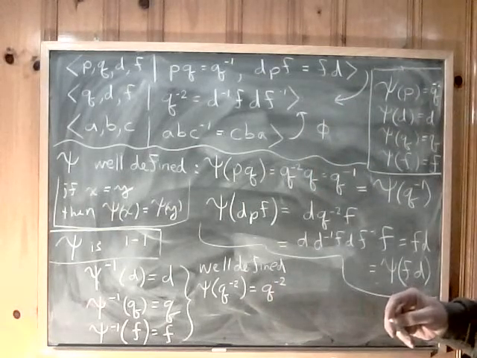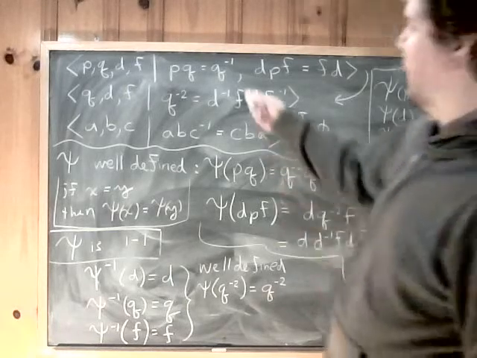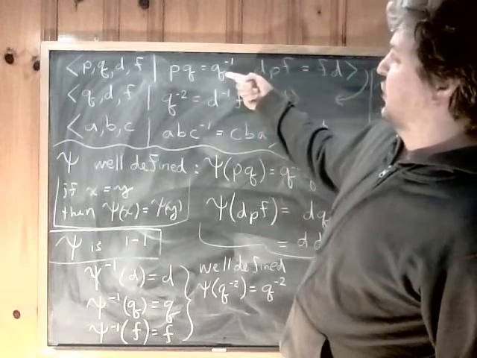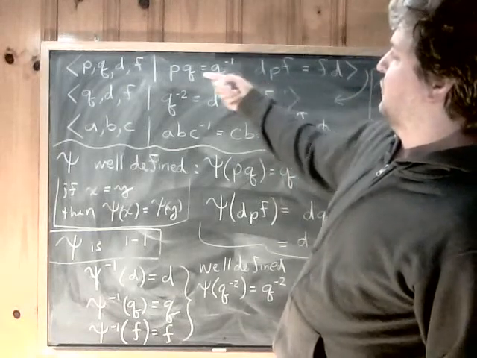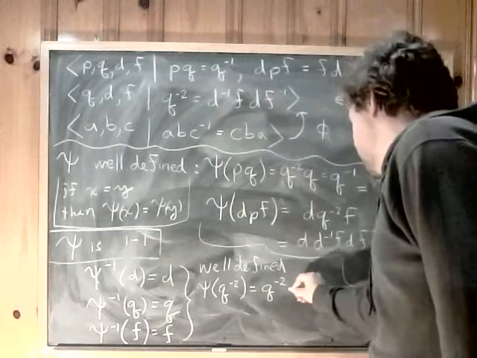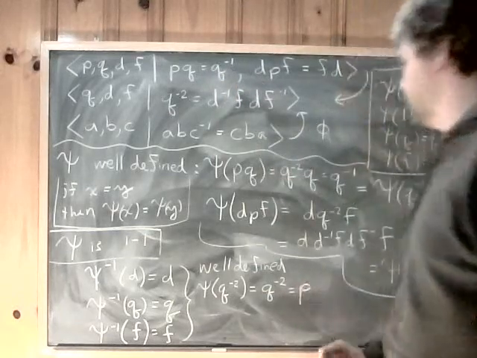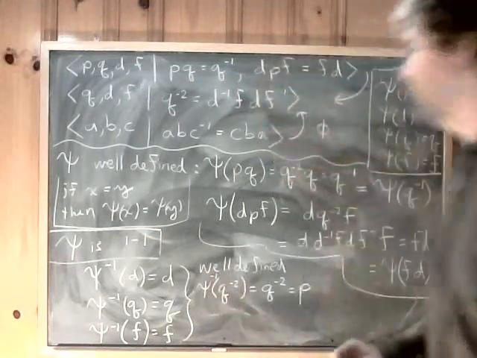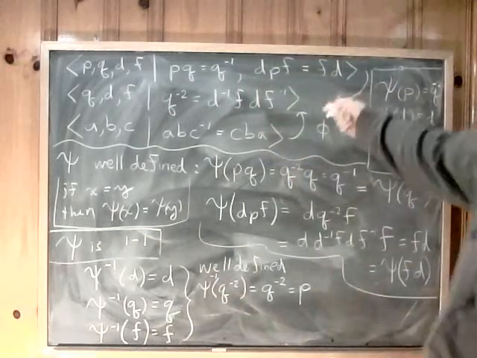And looking up above, now I will have to rewrite some of these relations. Q to the negative 2, if I multiply both sides by q inverse, will equal p. This is c inverse here. We're going from the second group to the first one.